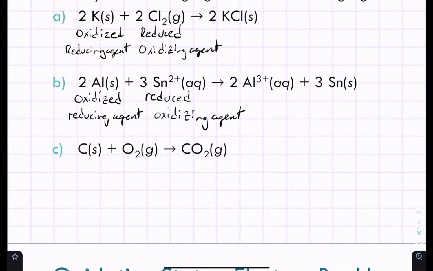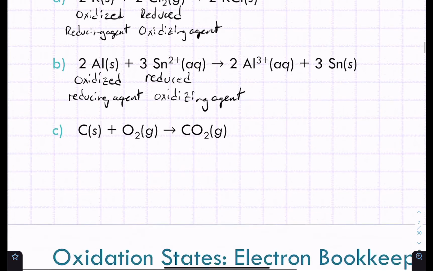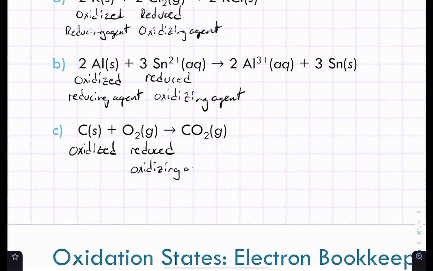Yes, oxygen. Yeah, if it's oxygen by itself, I think it's always the oxidizing agent. So carbon is being oxidized. And oxygen is being reduced, which makes oxygen the oxidizing agent, and carbon is the reducing agent.